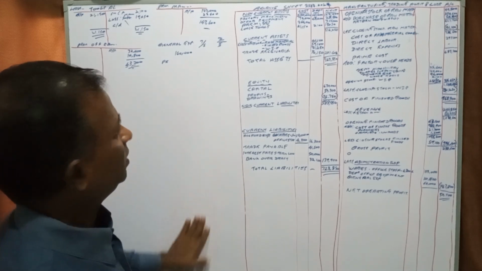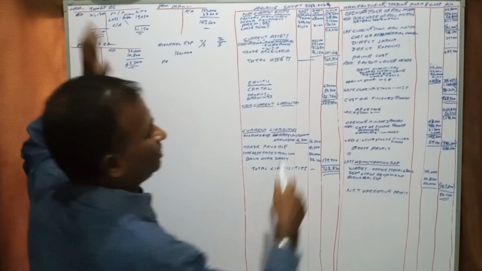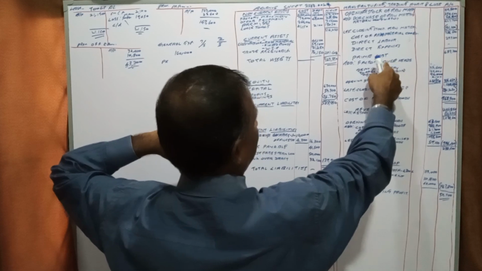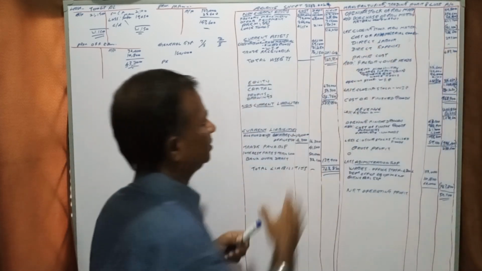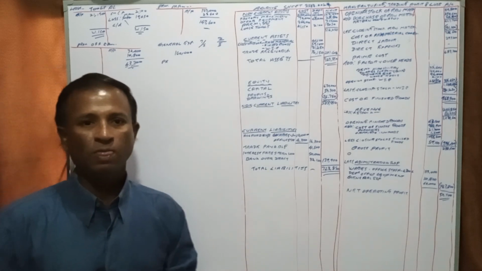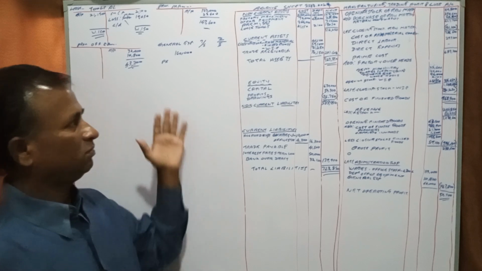Have you understood this one? This is loose tools. I thought I understood it as lost tools, and because of that I put it here. That is the difference. Now it's okay, it's balancing, and I hope you have understood how we can prepare the manufacturing account.